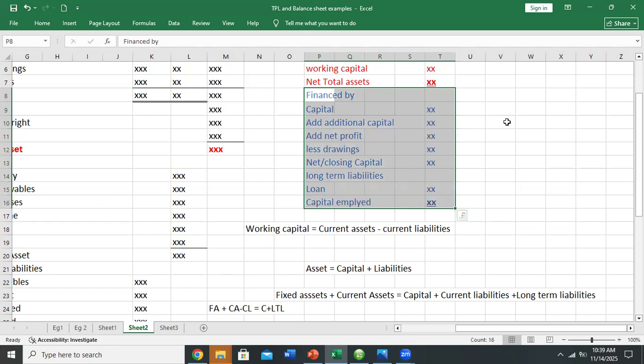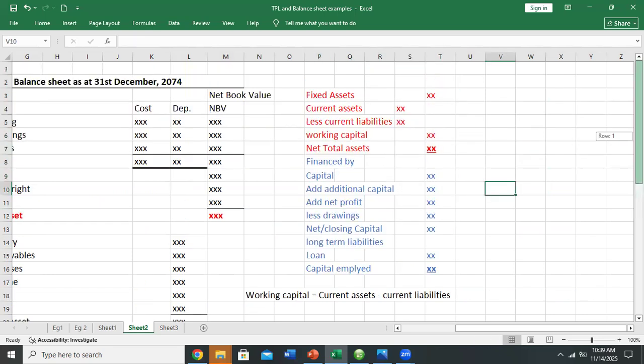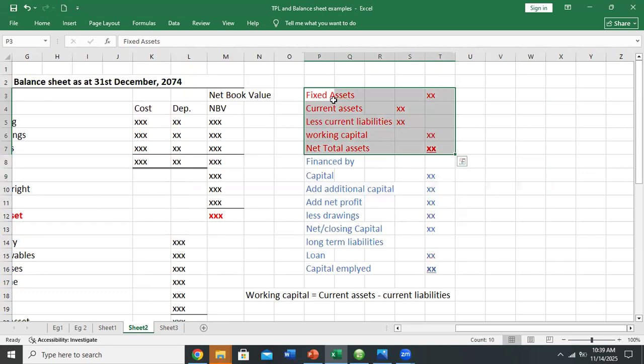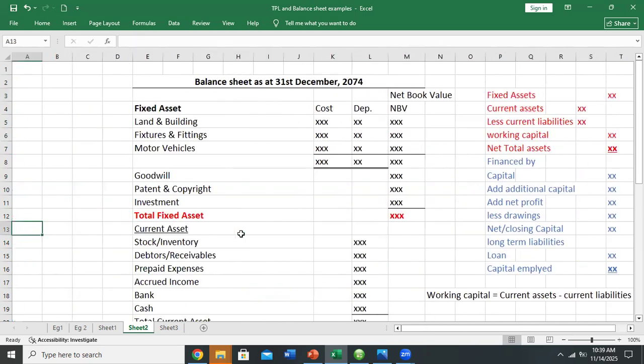In brief, this is like the skeleton of your balance sheet. The first section is your net total asset, which is determined by adding your fixed asset to your working capital. And I've explained working capital to be current assets minus current liabilities.